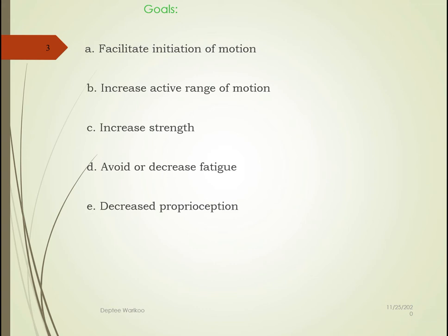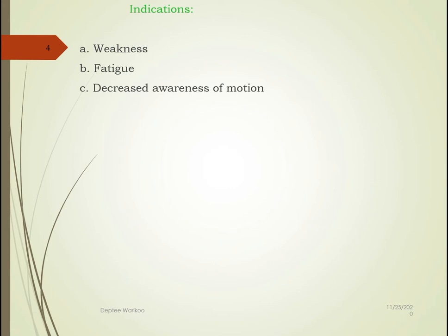So what are the basic goals of repeated contractions? First, to facilitate initiation of the movement, then increase the active range of motion, increase the strength of that particular muscle, avoid or decrease fatigue, and it will work on decreased proprioception also. Okay, now let us see what the indications are when repeated contraction is used.